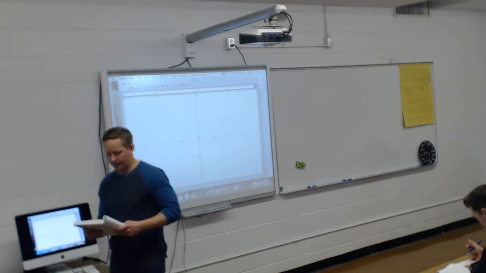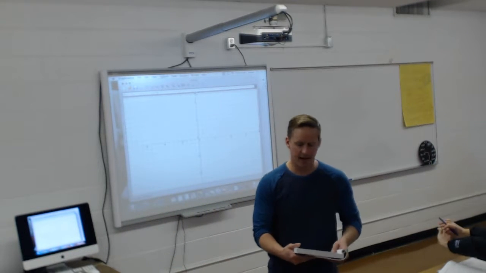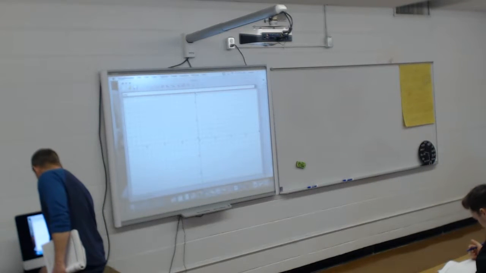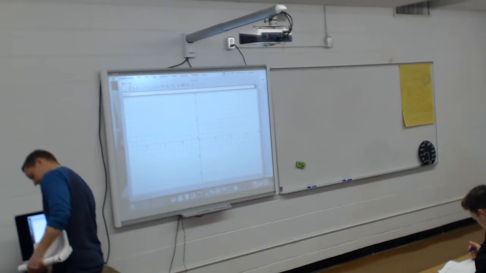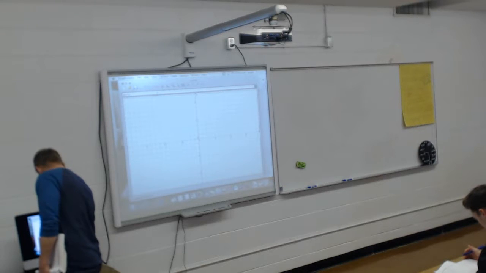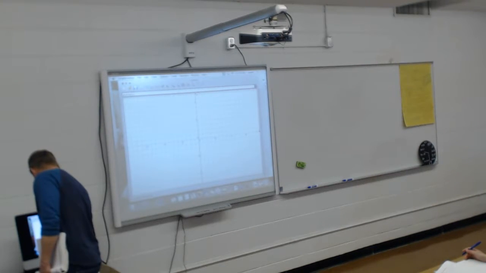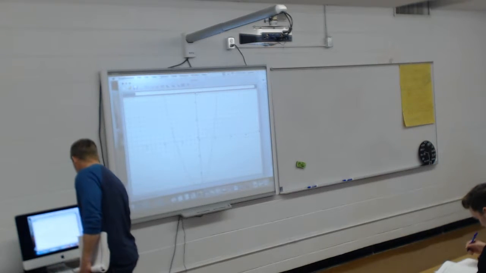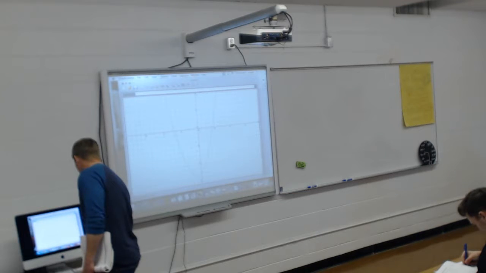So we're looking at, find the domain and range for y equals x squared plus x minus 5. So let's graph that. All right.